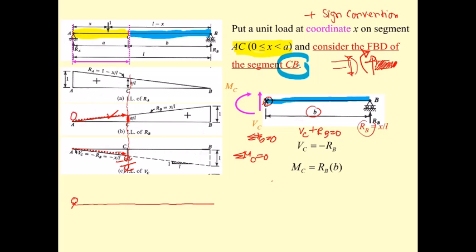For this is A divided by L, so this one is going to be A divided by L times B. So it's going to be AB over L.